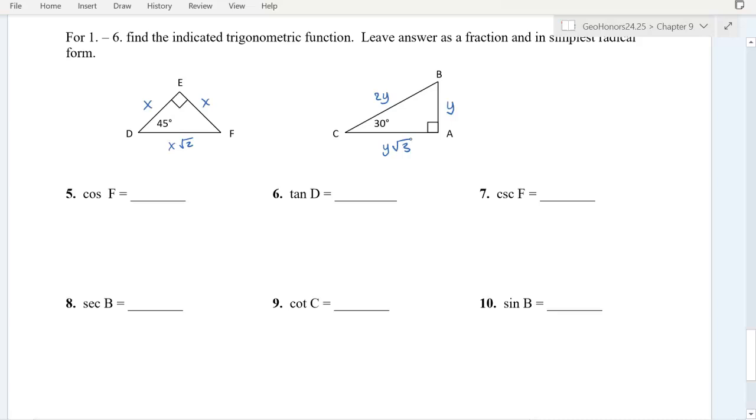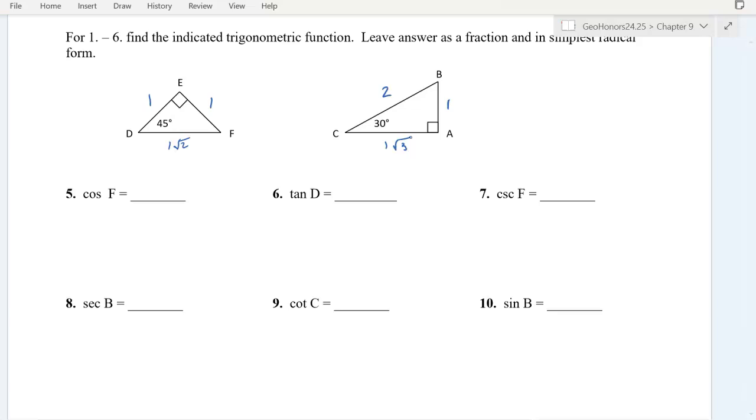I can pick any value. Instead of x's and y's, I could just say that has a length of 1, that has a length of 1, that has a length of 1 square root 2. It's going to get me the same ratio. So I'm going to use a unit length of 1 for each of these, and that gives me these side lengths.